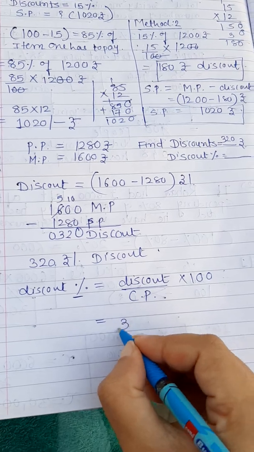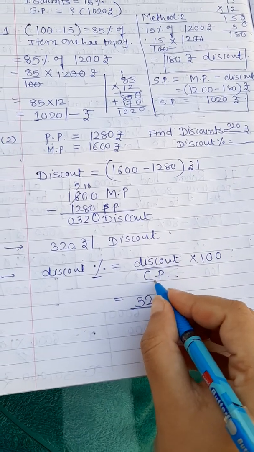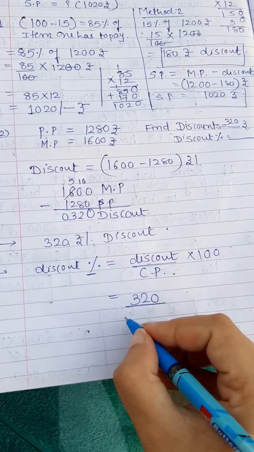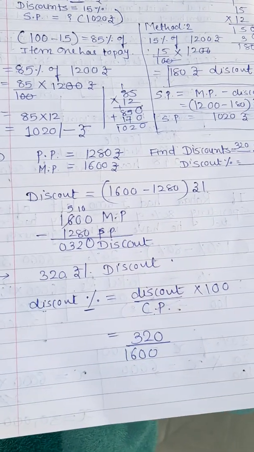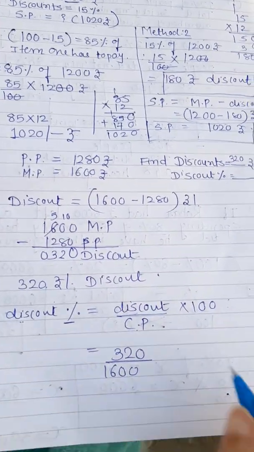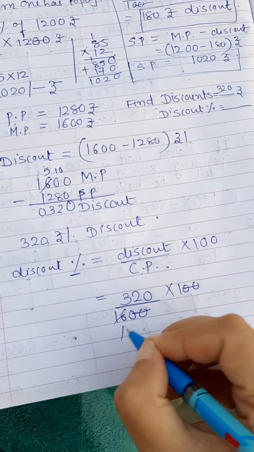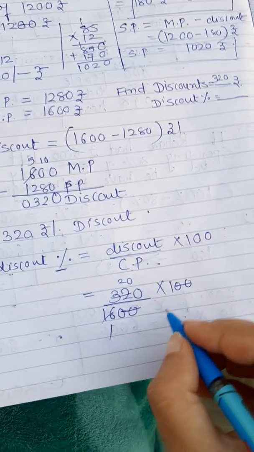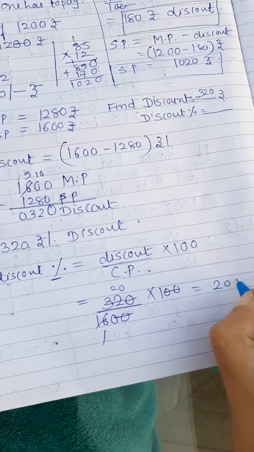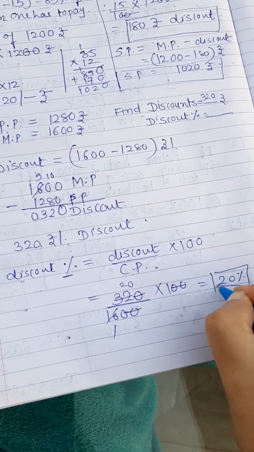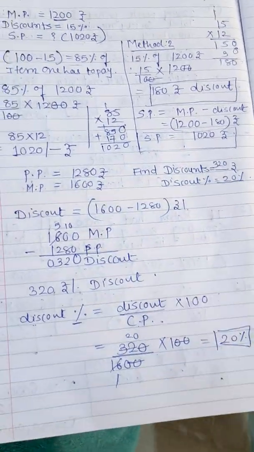So discount I received is 320, cost price or market price is 1600, into 100. So that is 20% discount offered to the person.